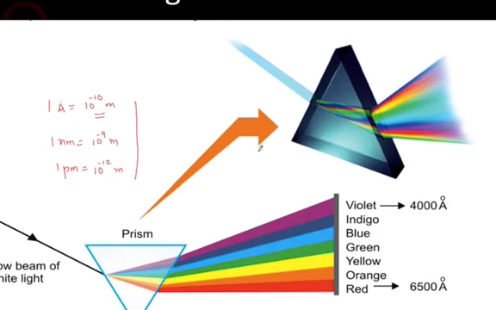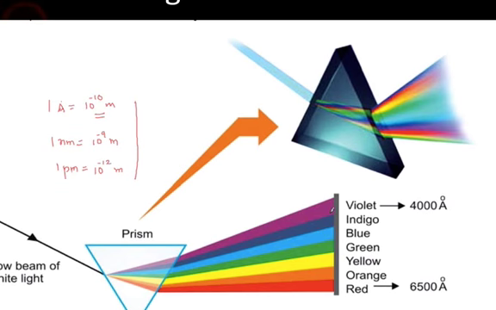So 4000 Angstroms, as in 4000 into 10 raised to power minus 10 meters, would be the wavelength of violet color. Similarly, we have 6500 for red color. This is how we have colors forming from violet towards red.